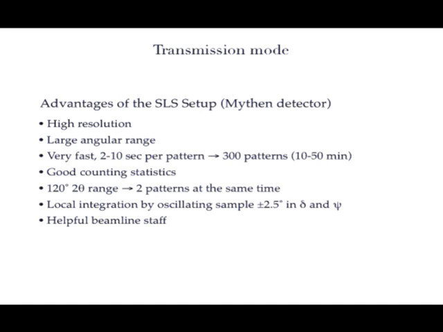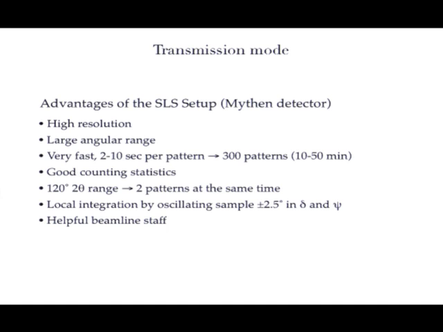And because we have this 120-degree detector, we can measure 2 patterns at the same time. And the staff at the SLS was very helpful, so they made it possible to oscillate the sample around the position, so we have an integration plus minus a few degrees at every position of the sample.